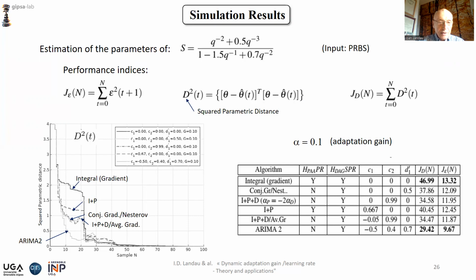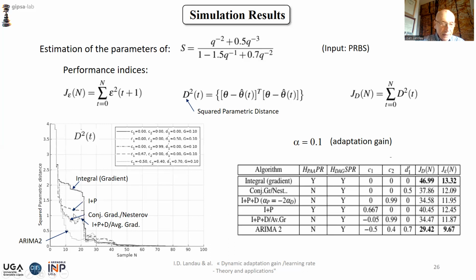And probably the most significant figure to illustrate the operation of the algorithm is here. And you see that in reducing the square of the parametric distance, the ARIMA2 algorithm is much faster than the gradient algorithm.